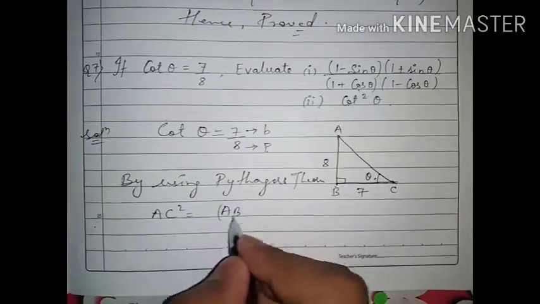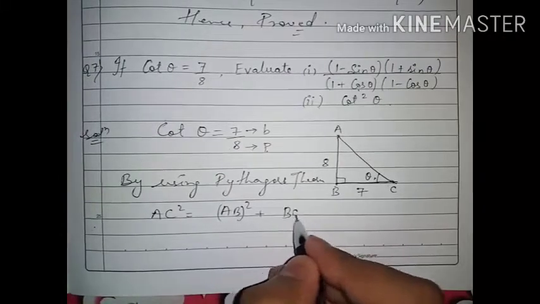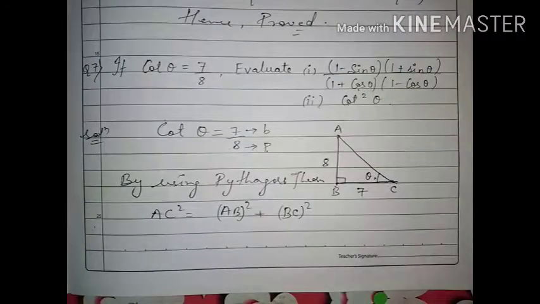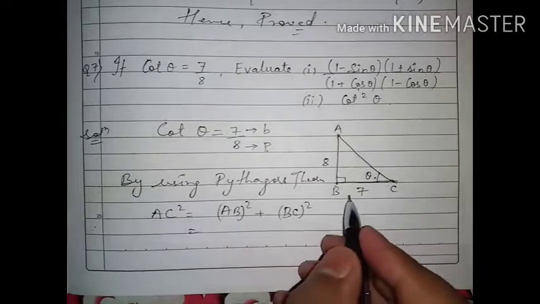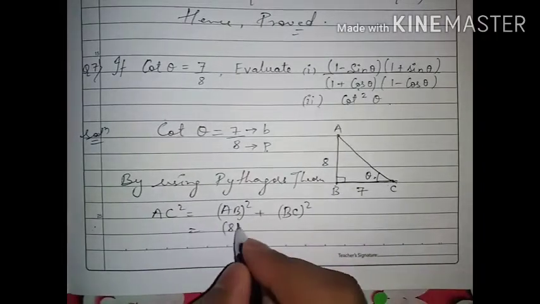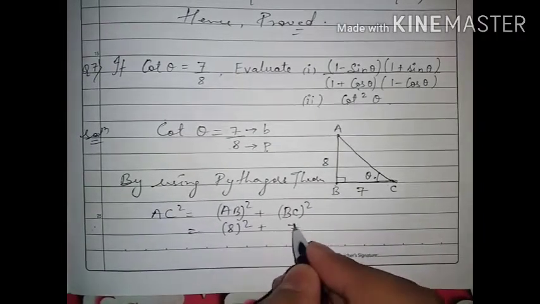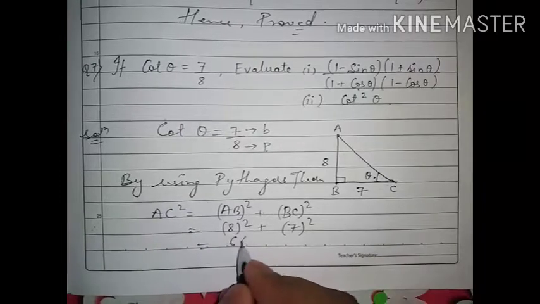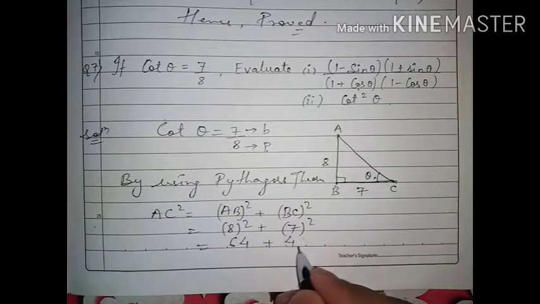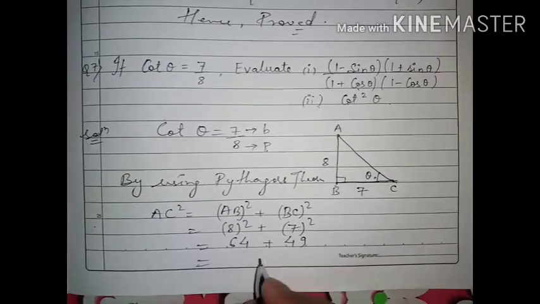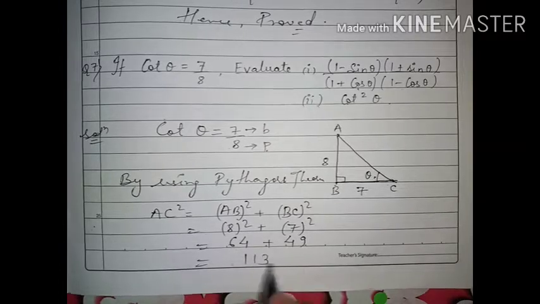That is AB square plus BC square. Okay, so AB is how much? That is 8 square and BC is 7 square. 8 square is 64 and 7 square is 49. So add both these two, that is 113.